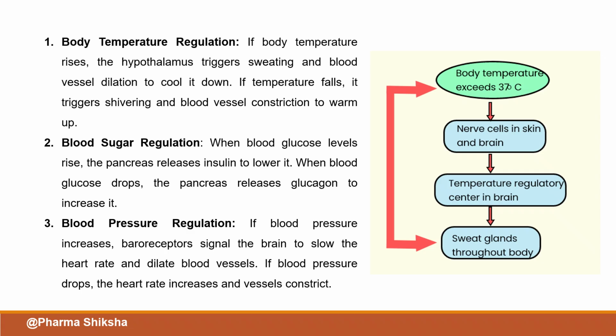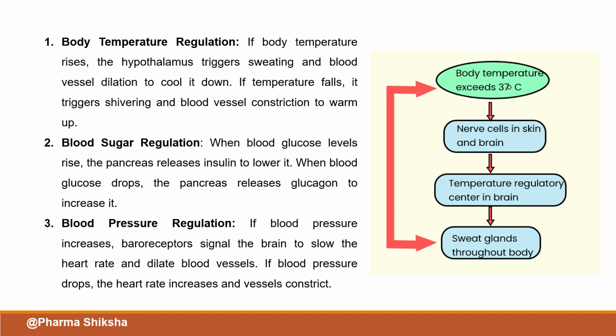And if the temperature falls, for example if you are in a cold region, it triggers shivering. Your body will start to shiver, and because of the muscle contraction, vasoconstriction will gradually start and there will be warming up with the help of the shivering.